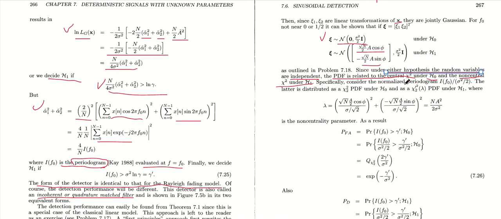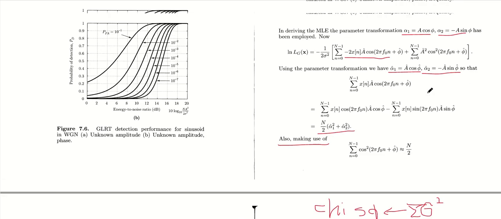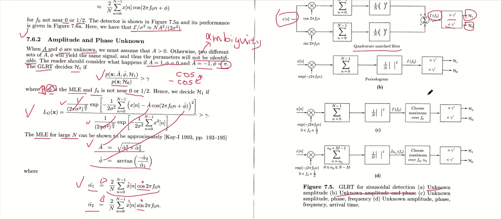Specifically, consider the normalized periodogram. The latter is distributed as chi-square PDF under H0 and chi-square lambda under H1, where the lambda is like this. Okay, that's a non-centrality parameter. So up to this point, we will be able to explain the other structure, that is the periodogram structure.